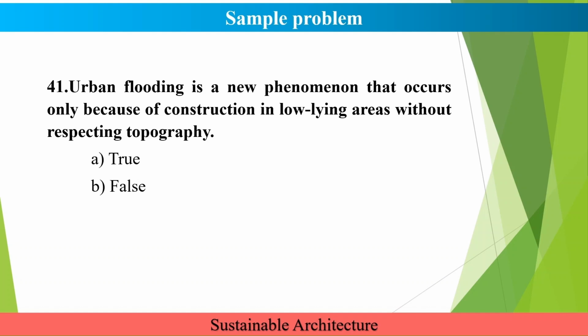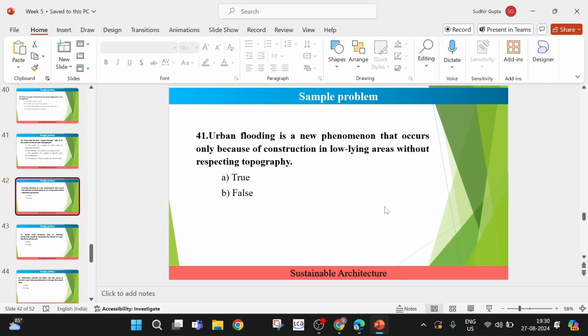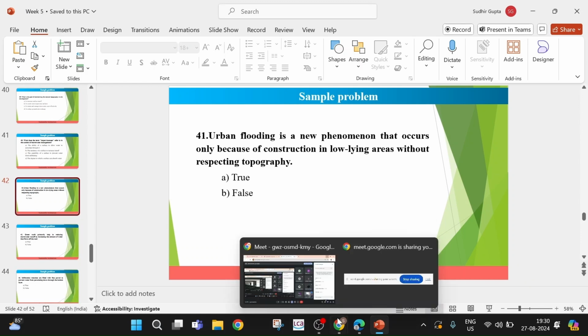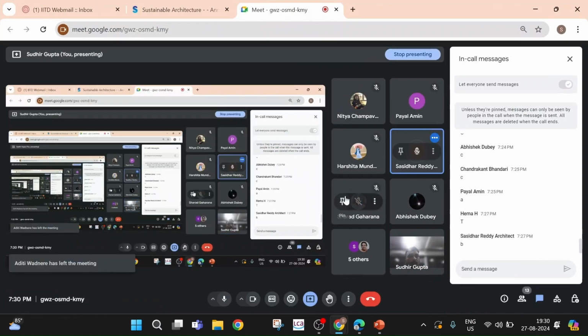Urban flooding is a phenomenon that occurs only because of construction in low-lying areas without respecting topography, or somewhere else also this urban flooding phenomenon can be observed. Is the question clear to all of you? Yes, sir. Okay, then try to give an answer also.